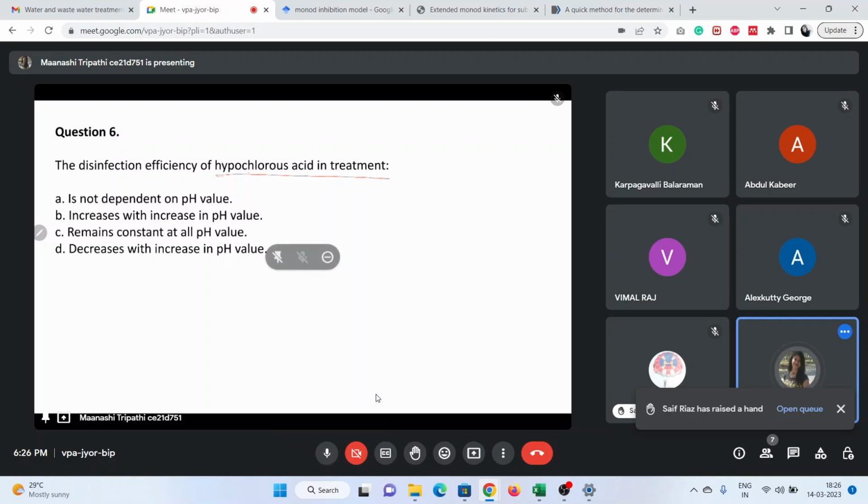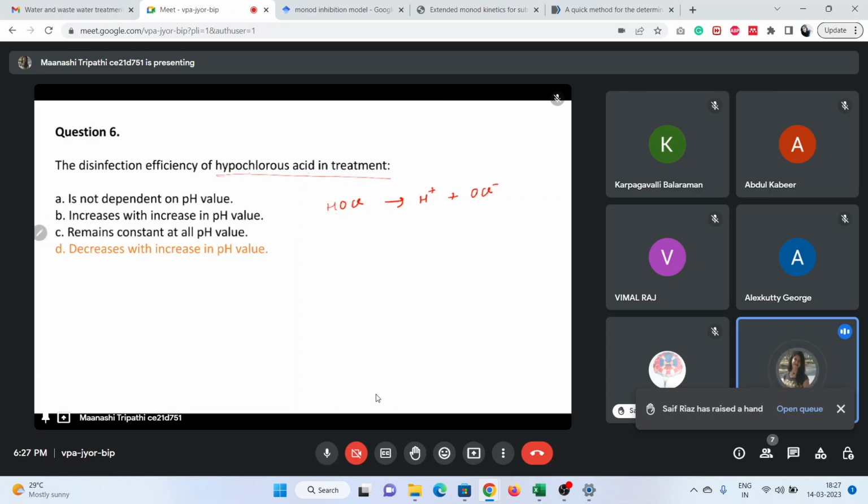Okay, we'll see the solution for this question. So it decreases with increasing pH values. Hypochlorous acid, HOCl, will dissociate to form H plus and OCl negative ion.